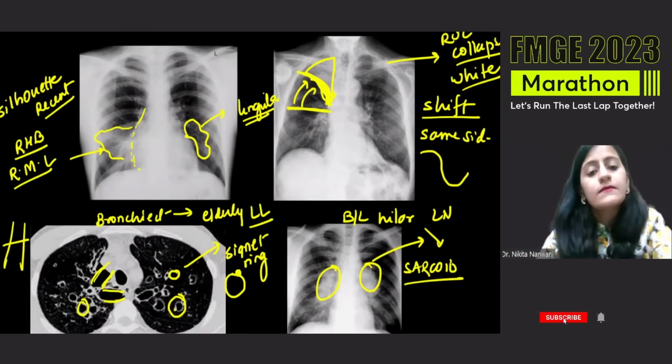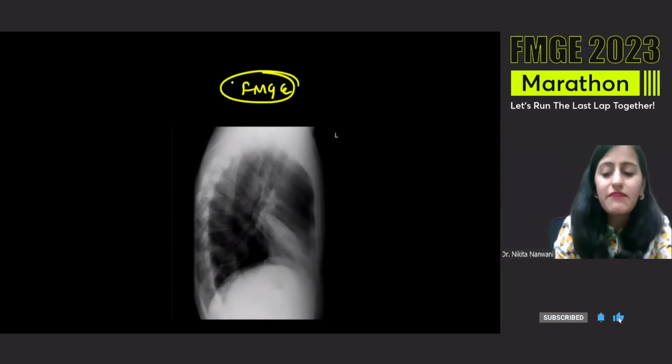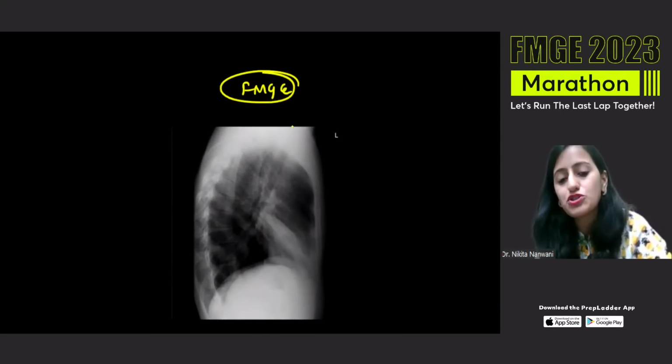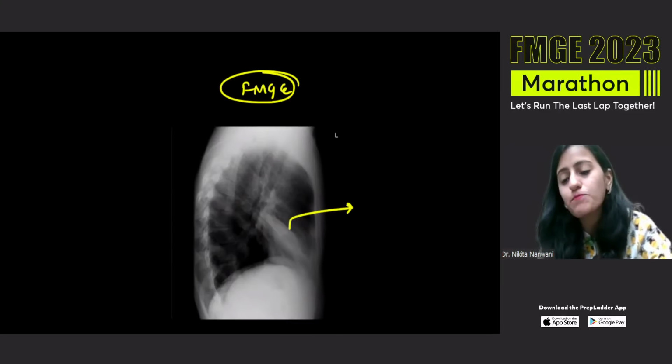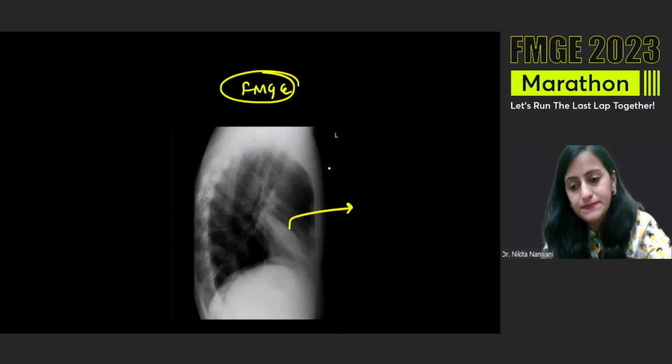Okay. Now, this is one of the recently asked images in the FMG exam. So everybody should know this. You can see some opacity. Let me mark it here. What do you think is this image showing? Very good. Amazing, Sayantan, very good.